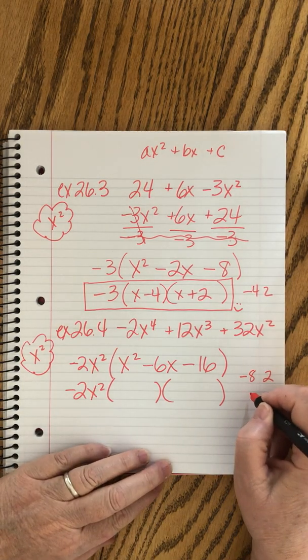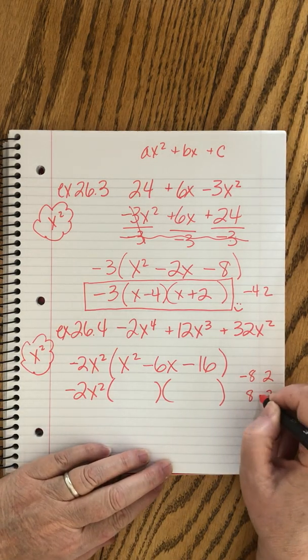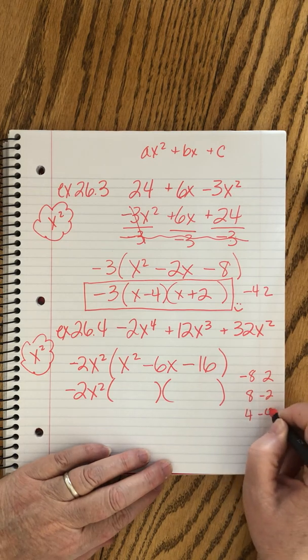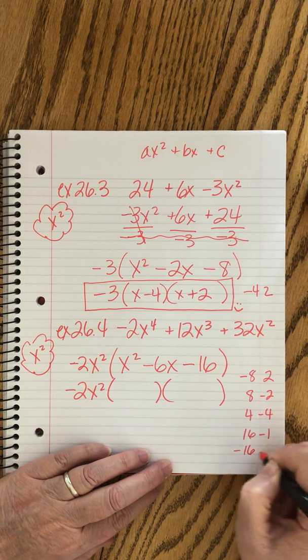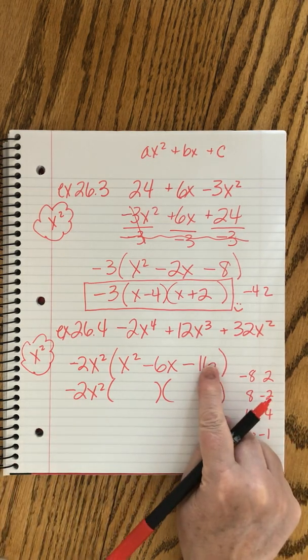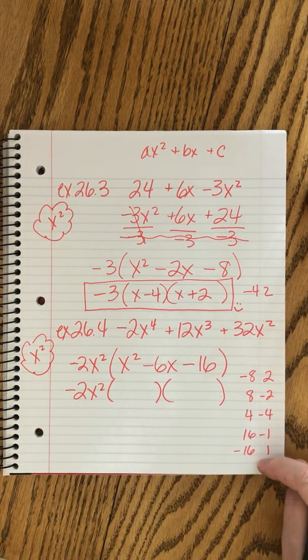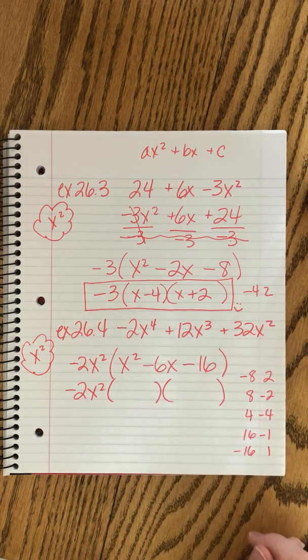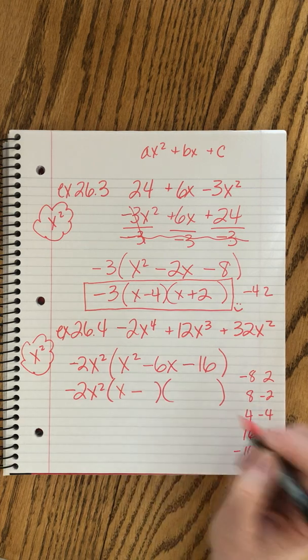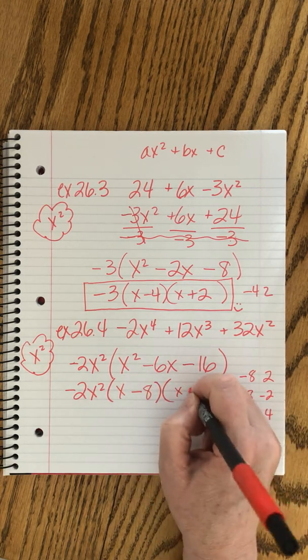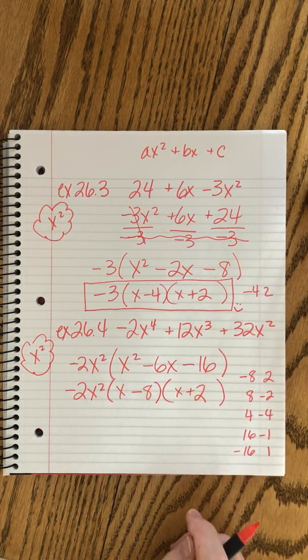If you have any problems finding this, just write down all of the things you can think of that multiply to that. Start by making a list of all of those and then check their sum against that. But I decided it was this one, so it's x minus 8, x plus 2. That is the correct answer.